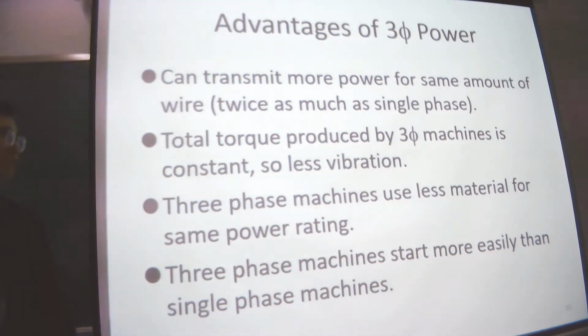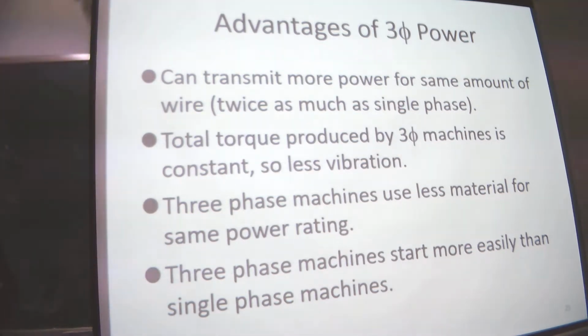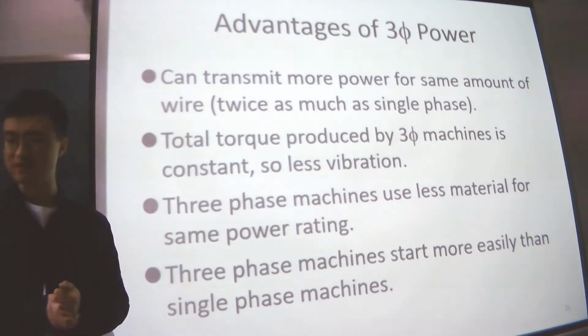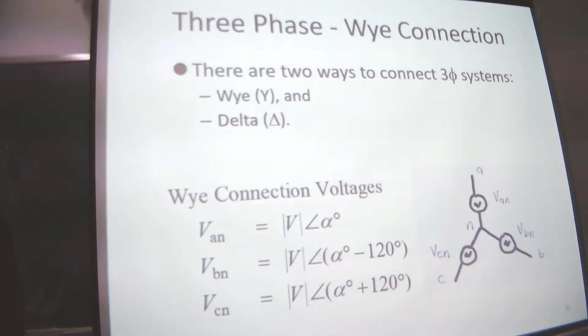And everything has some losses, so the efficiency is very important for our analysis. Okay, so these are the advantages of three-phase power. That's why three-phase power is the main form of our power systems in most countries. Easy for the machine.